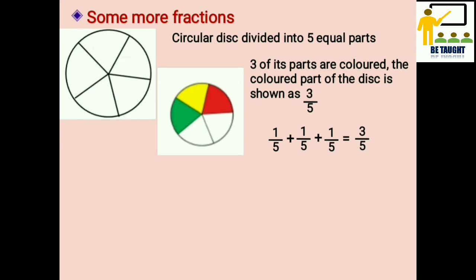When an object is divided into 5 equal parts and 3 of them are taken, that part is shown as 3 upon 5. Here the denominator 5 shows how many equal parts are made of the whole, and the numerator 3 shows how many of those are taken.